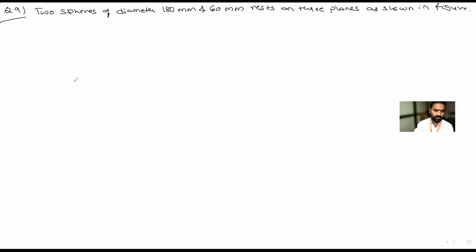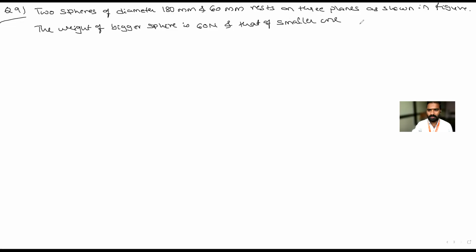The weight of the bigger sphere is 60 Newton, and that of the smaller one is 30 Newton.